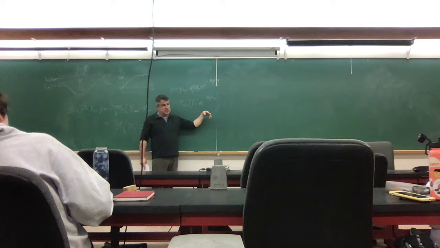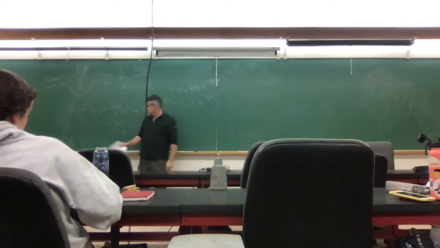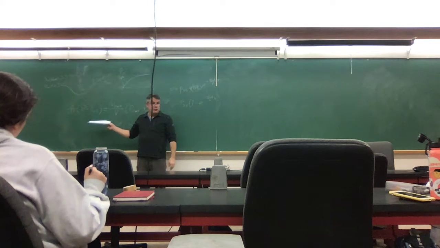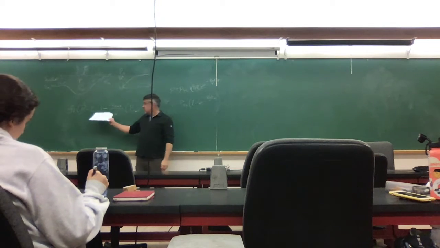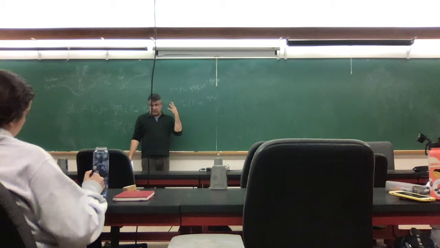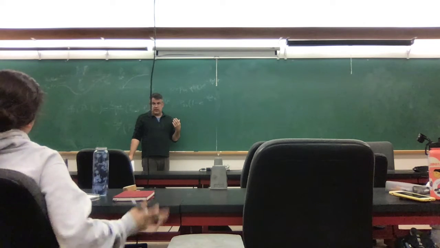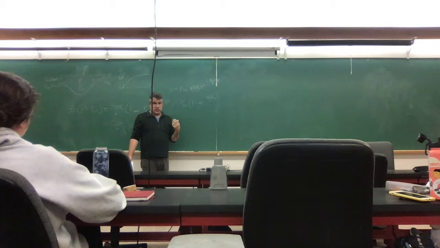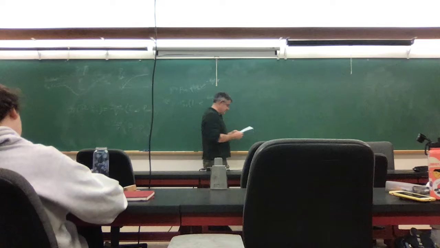Does that make sense? So this is totally different problem, same differential equation. And this one is really nice because it shows how the particular solution pops into existence in a nice way. Okay? All right, that's number 3.